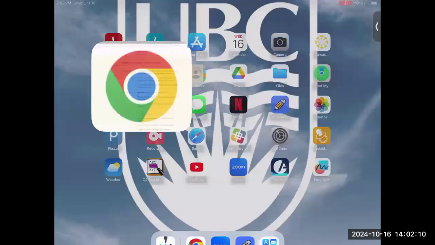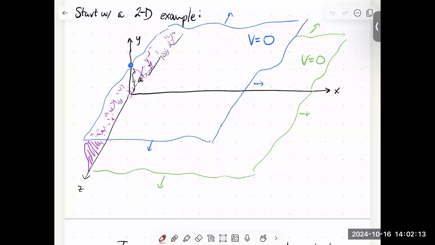So then, I have here the notes that we wrote last time, and I just want to review them to understand where we were, because we left off in the middle of a problem. We started with this geometry where we had some conducting planes at a potential of 0 volts. They were semi-infinite planes, covering everything along the positive x axis. And then there was this purple strip, another piece of conductor that wasn't electrically connected to the two semi-infinite planes.